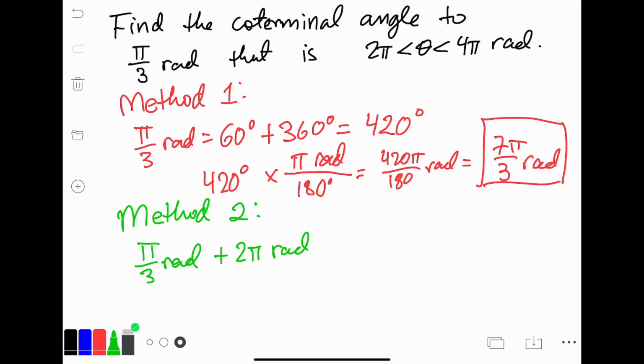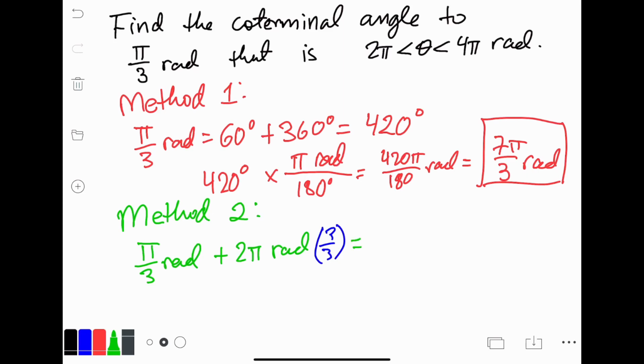Now here is where the fractions come into play. We have pi over 3 plus 2 pi. These do not have a common denominator, so the common denominator here would be 3. I'm going to multiply 2 pi by 3 over 3.